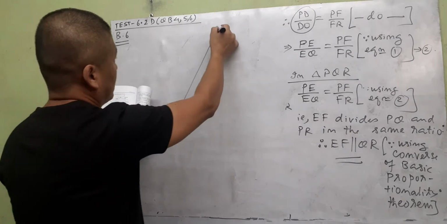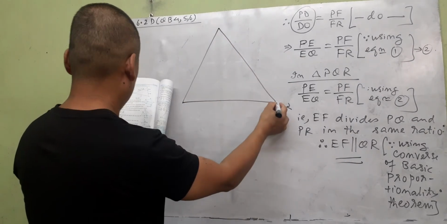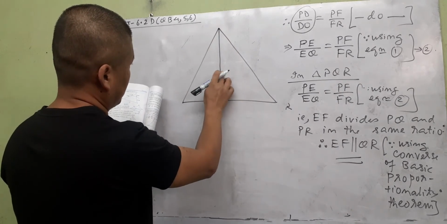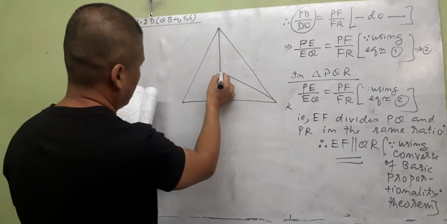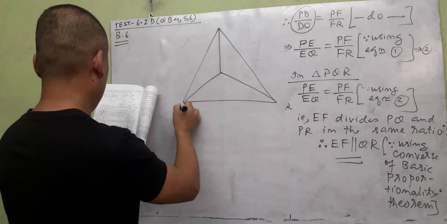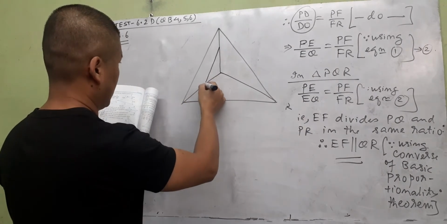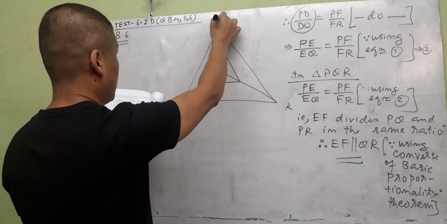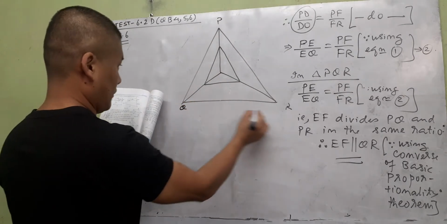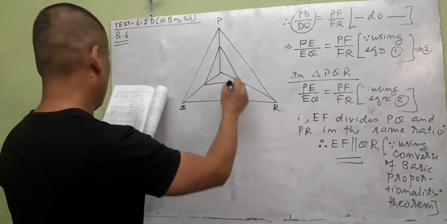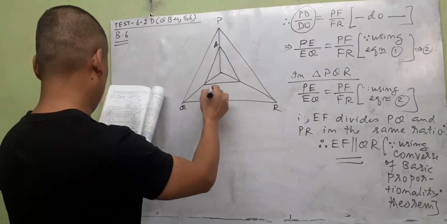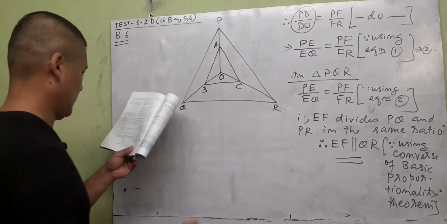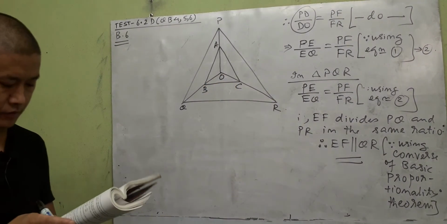So there's a figure like this, and then there's a line here joining the middle point like this, and there's a point here like this. This is P, Q, and R. This is A, B, and C. This is O. That much is given.